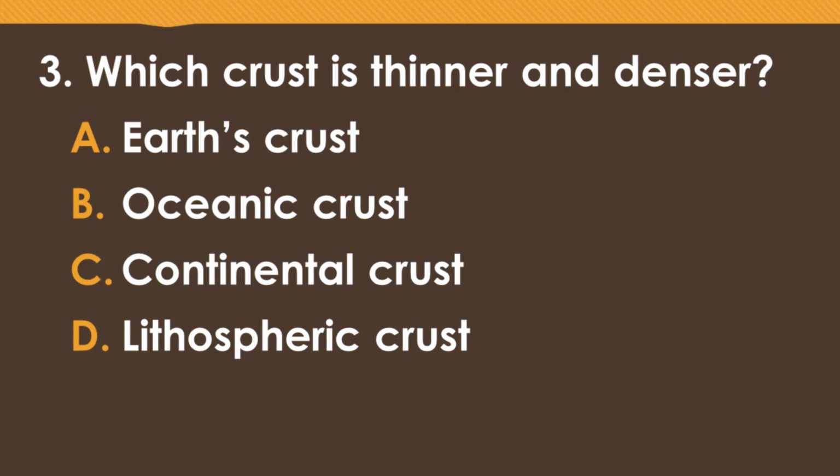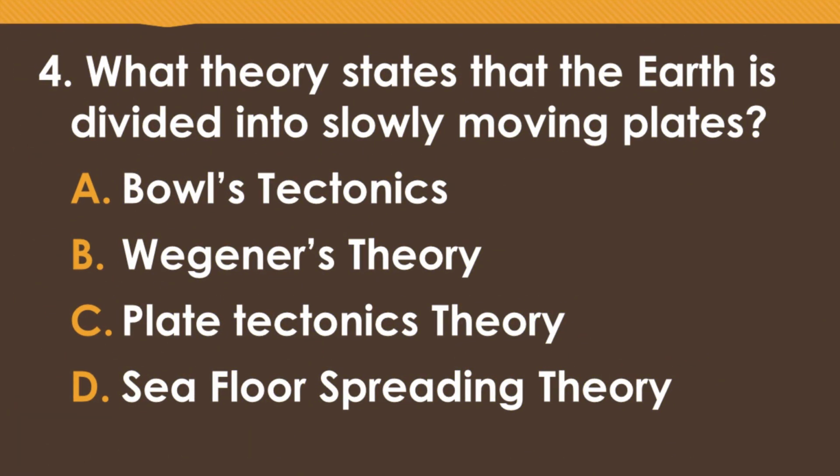A. Earth's crust, B. Oceanic crust, C. Continental crust, D. Lithospheric crust. 4. What theory states that the Earth is divided into slowly moving plates? A. Bowles tectonics, B. Wegener's theory, C. Plate tectonics theory, D. Seafloor spreading theory.